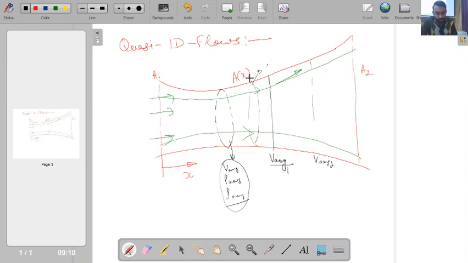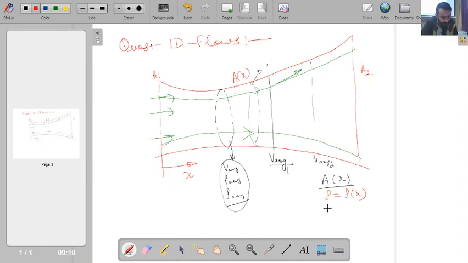If I assume this type of situation, I have area A of x, a variable area, and for this averaged flow situation, the density is a function of x, because the area is changing along x, so the area-averaged property will also change along x.